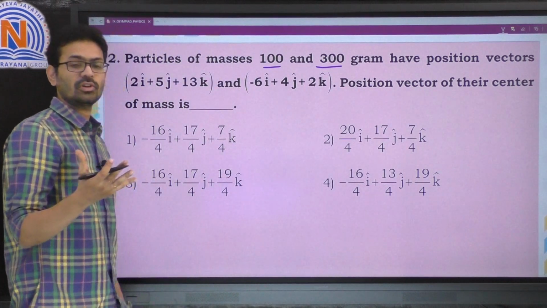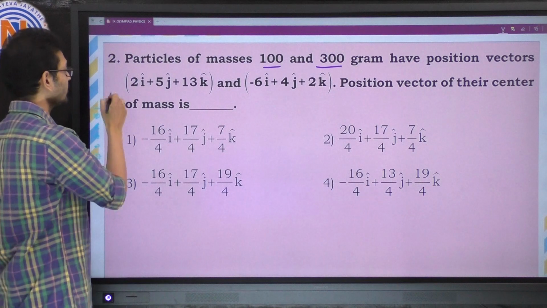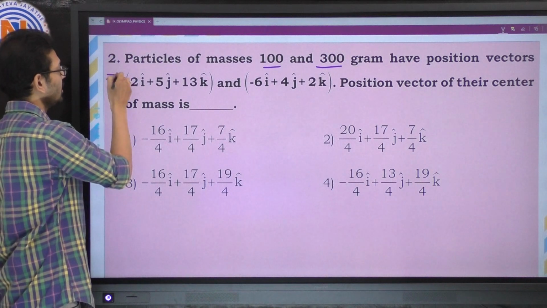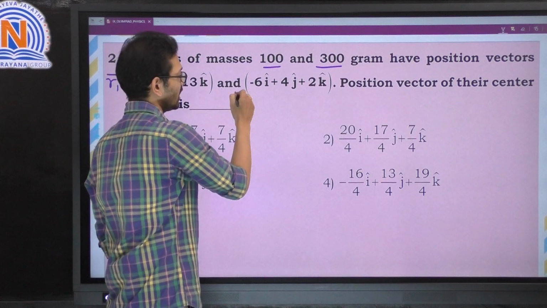Now when we want to go with the position vectors, let us take this one as R1 bar and this one as R2 bar.